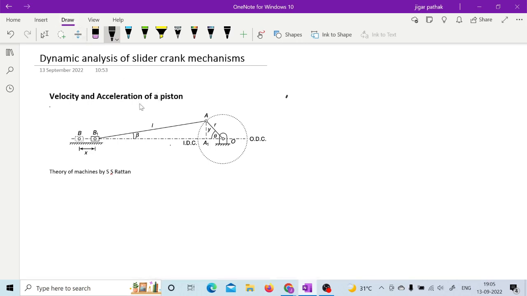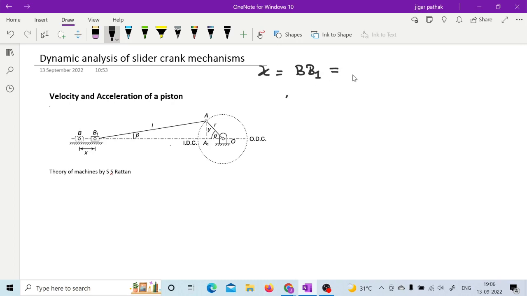If you see this figure here, the piston has moved from position B to B1, right? So when the piston moves from position B to B1, the distance traveled by the piston is given by BB1, or you can say B1B.